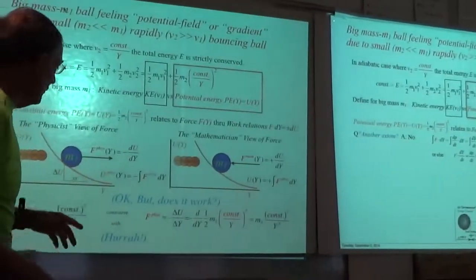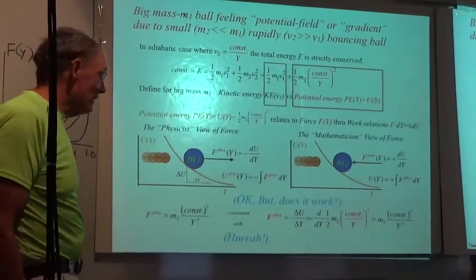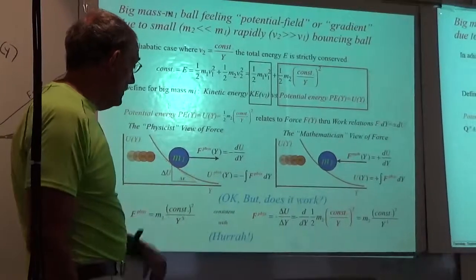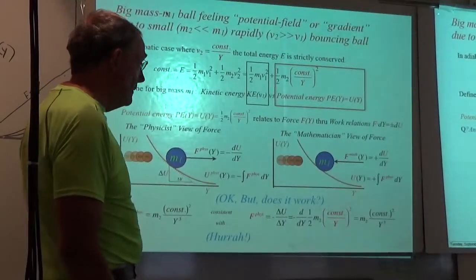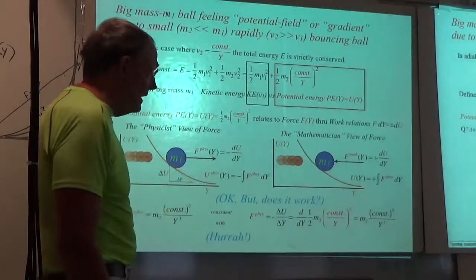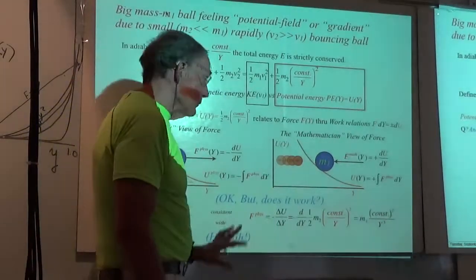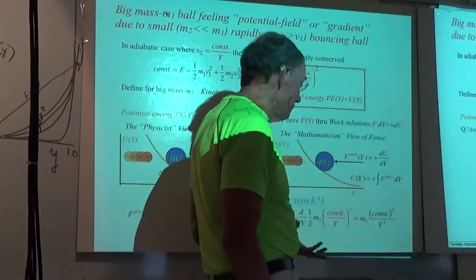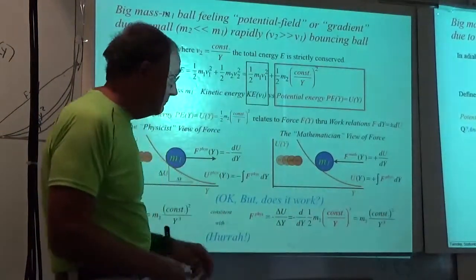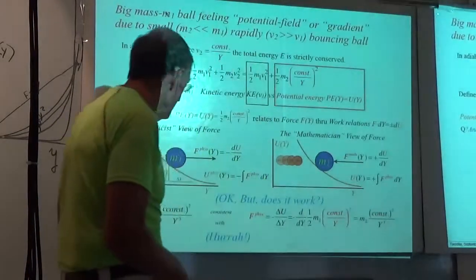But anyway, the answer to this question, does it work, is hurrah, it certainly does. Remember the y cubed with the constant squared? Forget about what the constant was right now. If this force is this, that's the force law that we came up with.